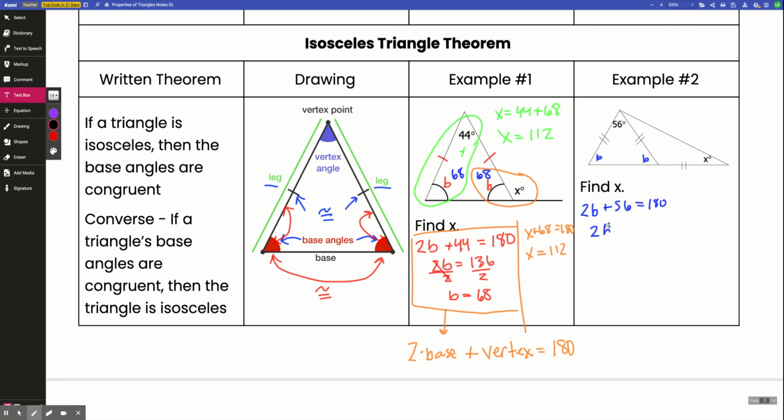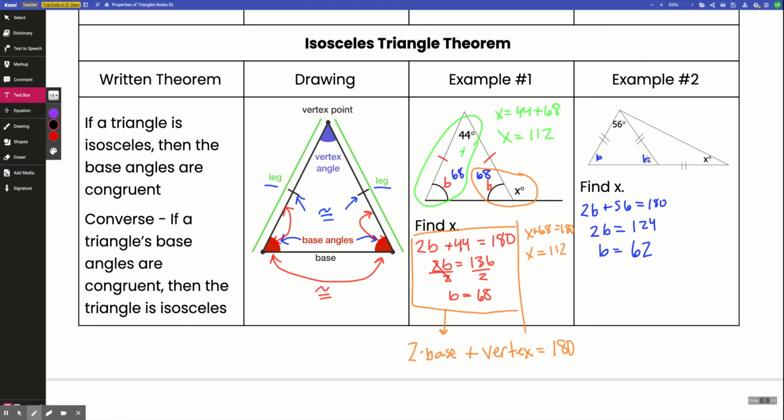Okay, so I end up with 2b equals 124, and then I'm going to cut that in half and get that b, that base angle, is equal to 62.